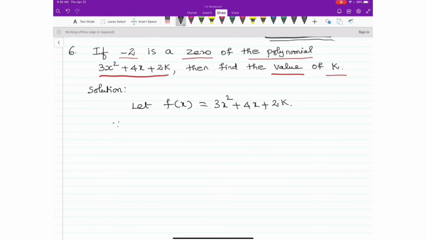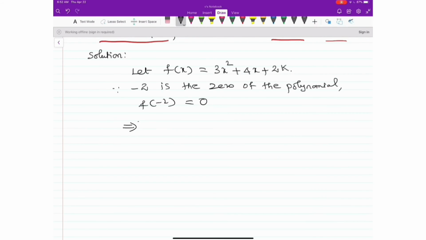Since minus 2 is the 0 of the polynomial, f of minus 2 should be equal to 0. This implies, see, wherever x is there, you have to replace it by minus 2.